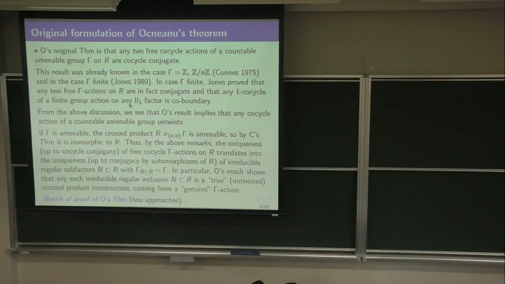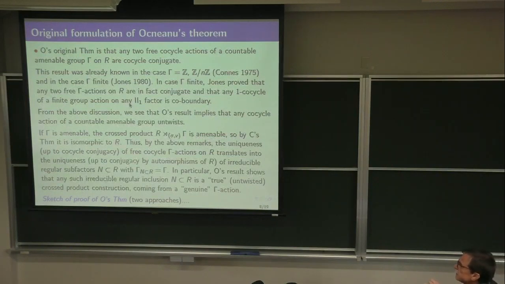Okay, so I'm sorry I lost these 15 minutes, but we needed to recall a little bit the context. So I stated Ocneanu's theorem in that form that gives the classification of regular subalgebras which are factors with that condition, which becomes then irreducibility, subfactors of R. Actually, it's not the original statement of Ocneanu.